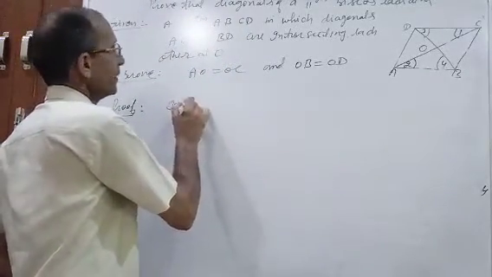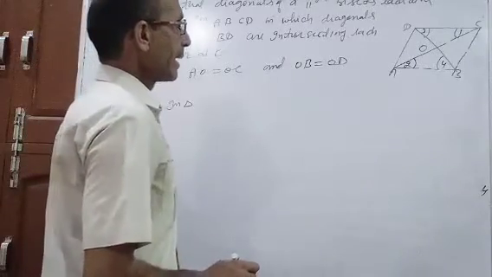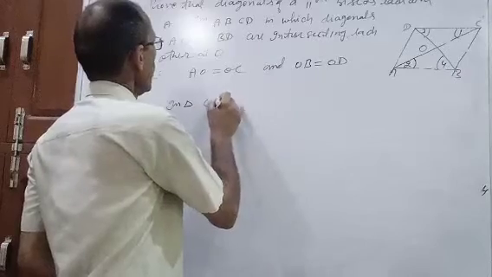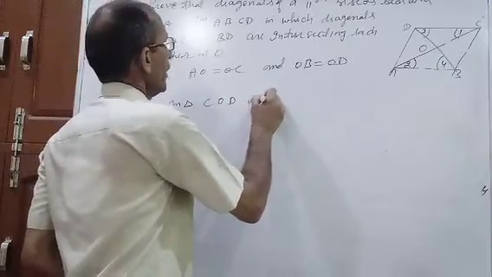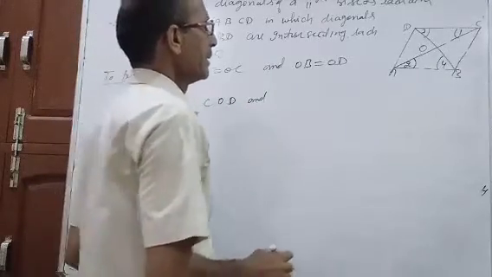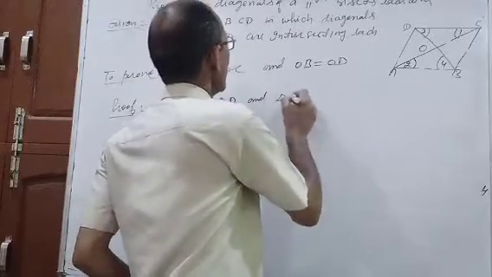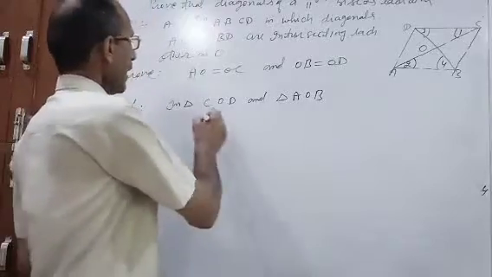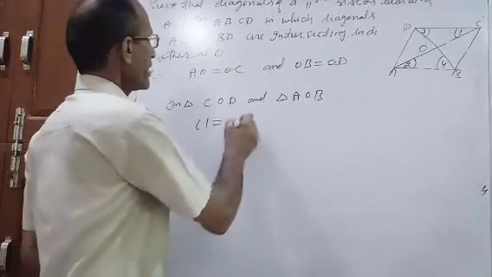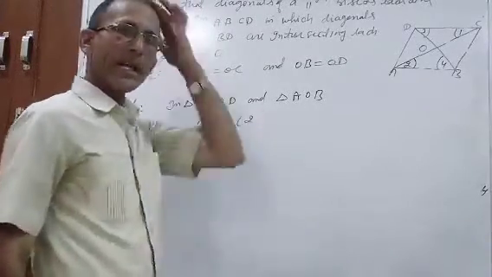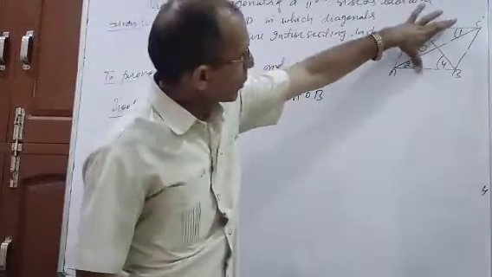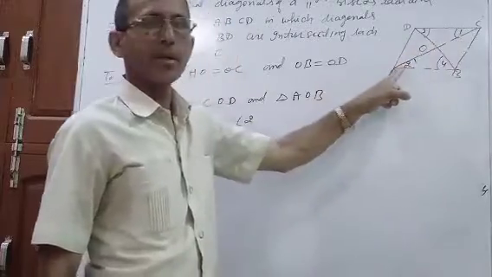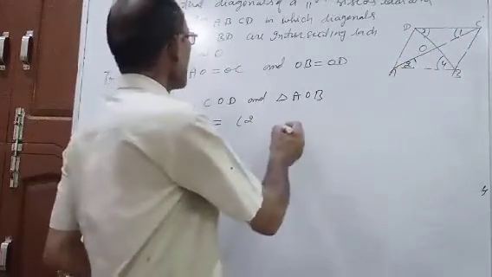Now proof. In triangle COD and triangle AOB, angle 1 is equal to angle 2. For the reason, two parallel lines are intersected by a transversal, so angle 1 is equal to angle 2.